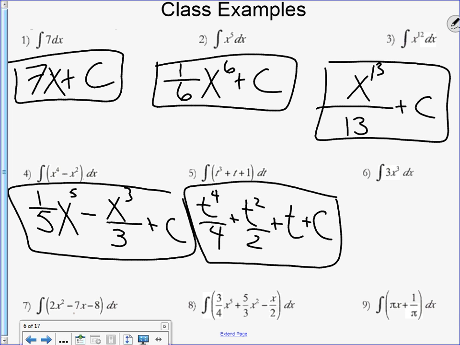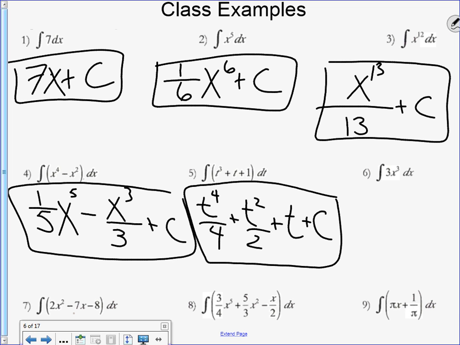Uh-oh, we got a number in front. Remember when we took derivatives and we had like the derivative of 3 sine x? We had a constant multiplier. What do we do with constant multipliers? We just keep them, right? That's what we do with antiderivatives. So we want the antiderivative of 3x cubed.